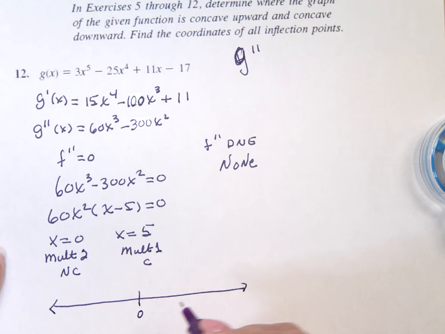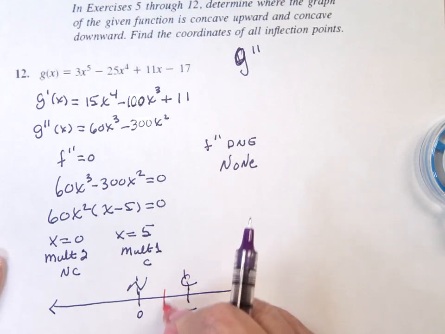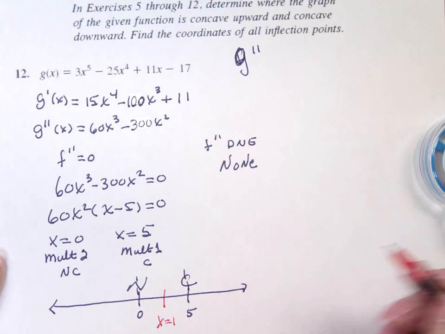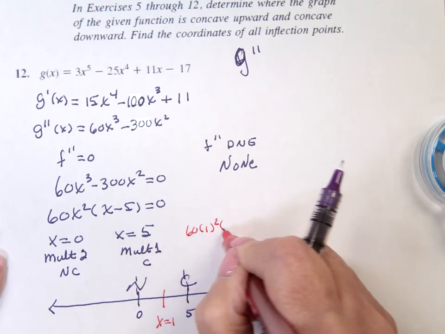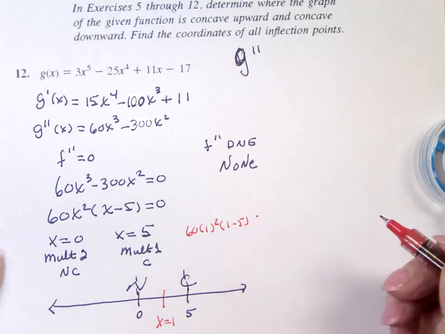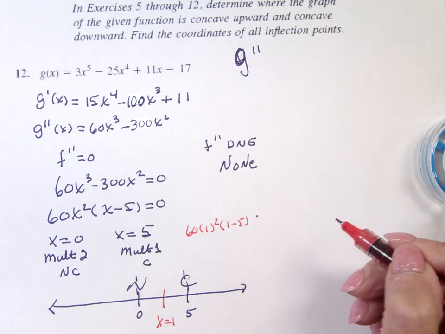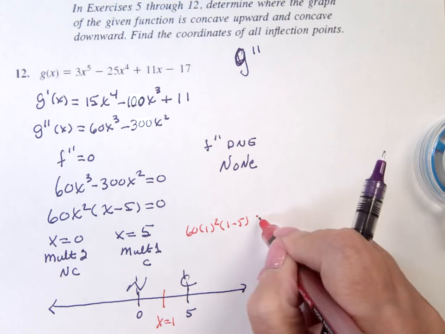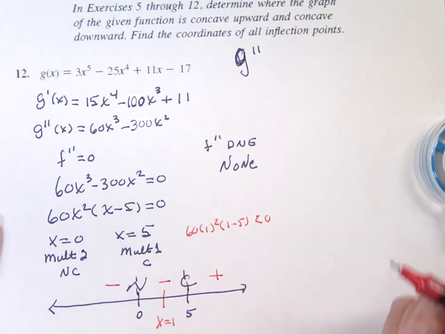I still have to include 0 and 5. No change, change. And pull a test point. I'll pull x equal 1. So 60 times 1 squared times 1 minus 5, positive or negative? Negative. No change, negative, positive.